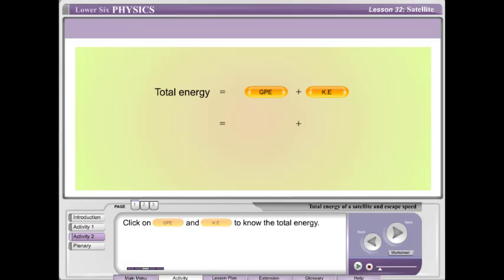Click on GPE and KE to know the total energy. Total energy equals gravitational potential energy plus kinetic energy, which equals negative G M_E M over R plus half G M_E M over R, which equals negative G M_E M over 2R.